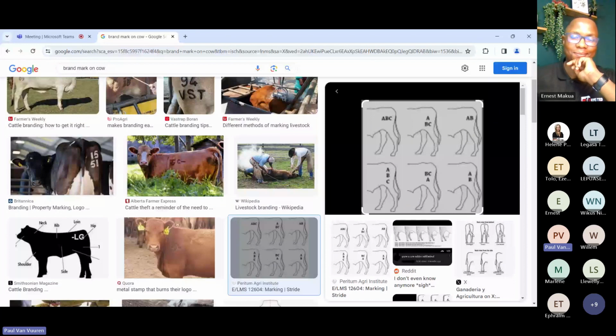Most people, when you see ABC, still mark it higher there. Can you go up there, please? Yeah, they mark the animals there. That's where most people mark their animals, because it's the easiest to brand there.